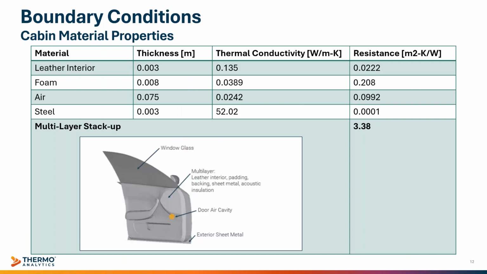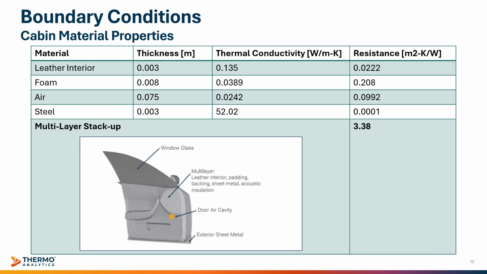Here's an example of calculating that material stack up for the specific door. Let's say for this case, we want to evaluate HVAC performance, but the material supplier for the cabin only gave us the thermal conductivity and not the thicknesses of any of these parts. We could guess the thicknesses using our engineering judgment, but we should check to make sure that those guesses are somewhat close to reality.